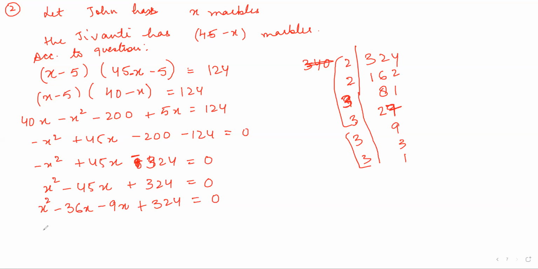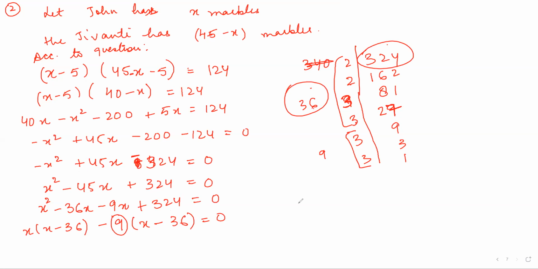Now you take x common, so x minus 36. Now you can take minus 9 common, so x minus 36. See, ultimately you will get 36 here because you are splitting it into 9 and 36. So out of 324, when you are taking 9 outside, you are left with 36, right? So you don't have to divide it by 9 and check it. Getting the point?